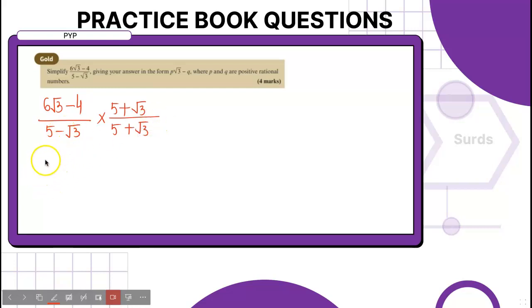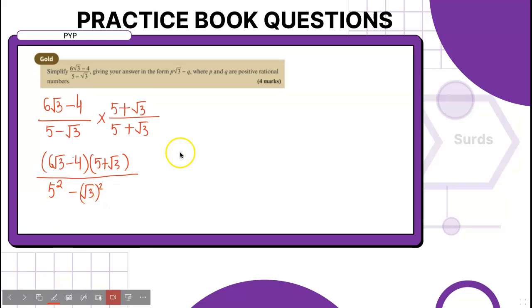The top is going to be an expansion, which makes the question lengthy, otherwise they are very easy. In the bottom you can see the difference of squares. Whenever you rationalize, the difference of squares is the backbone of rationalizing. So you will get 5 squared minus root 3 squared.